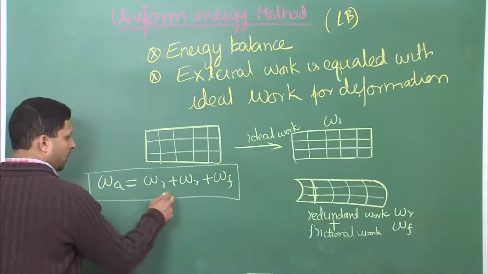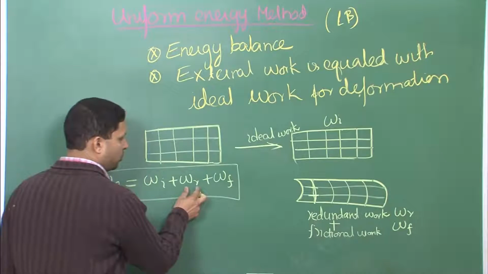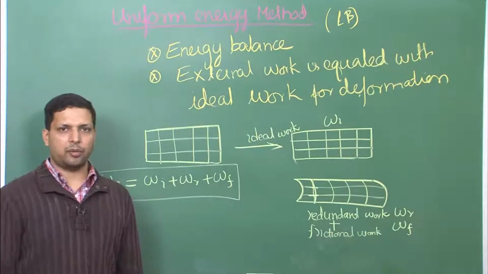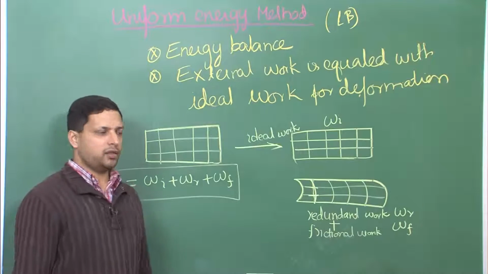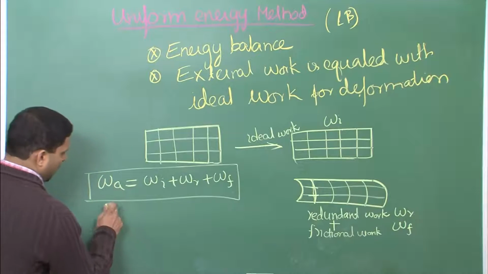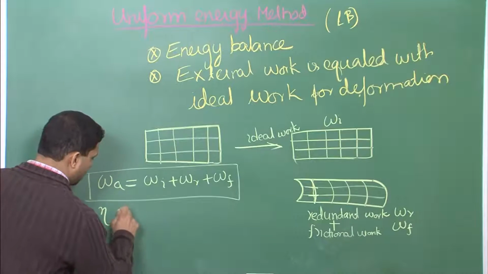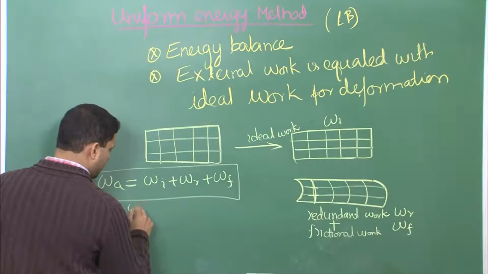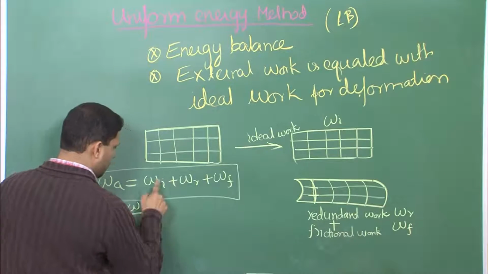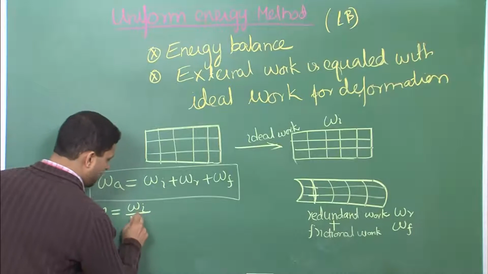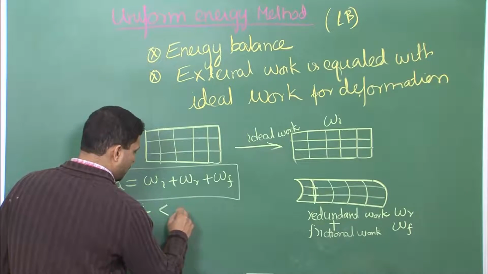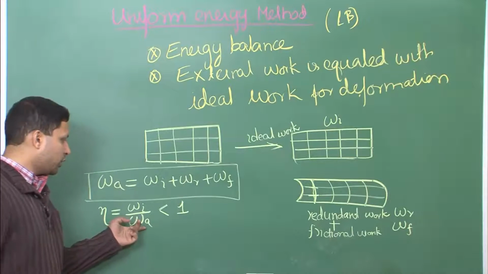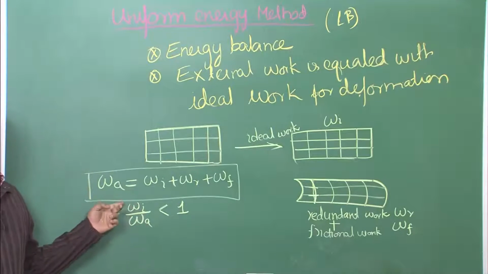So, you see we wanted only this much, but we have to do additional work, and therefore, the total energy requirement, work requirement increases. The efficiency is the ratio of ideal work to actual work, W ideal by W actual, and it will be less than 1, because actual work requires more energy or more work than ideal work.